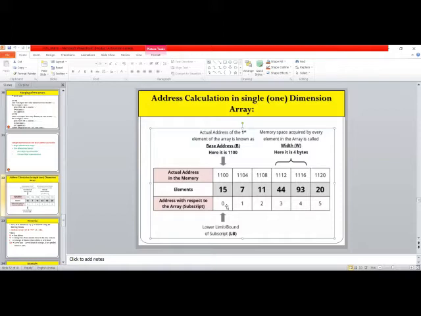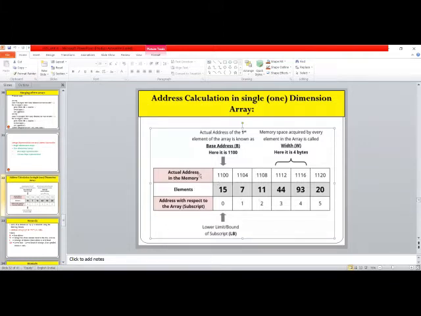The last line is nothing but our indices. The index of an array always starts from 0. So at the 0th index, 15 is stored, at the first index 7 is stored, at the second index 11 is stored, and so on up to the 5th index where 20 is stored. We have already studied this and we know these facts.